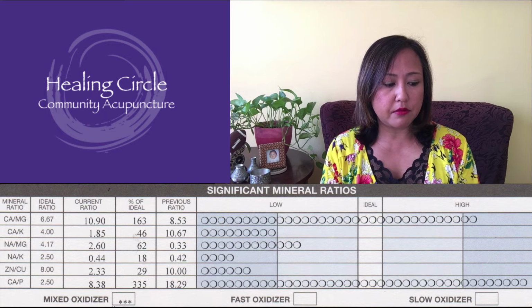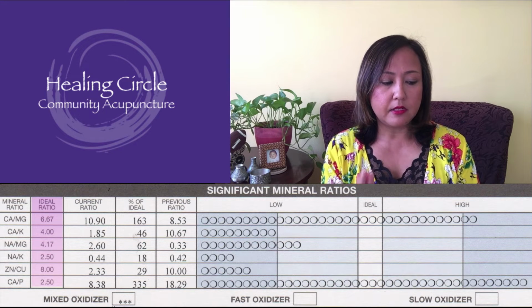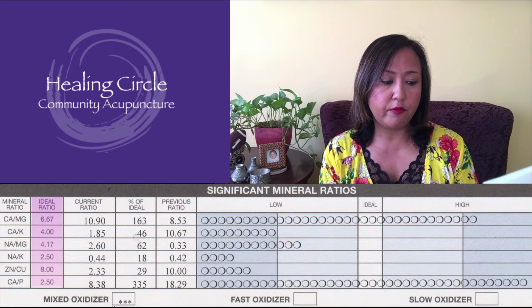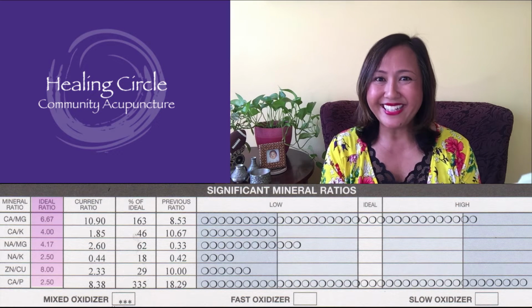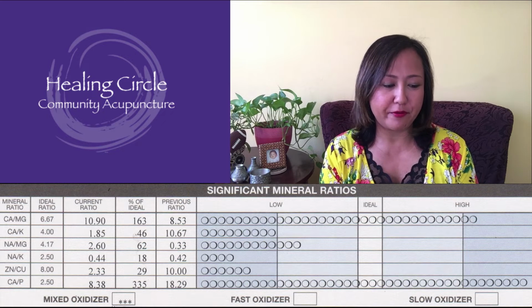So as you look to the right, to the next box that says ideal ratio, it goes from top to bottom, 6.67 for the calcium/magnesium, and then 4.0, and then all the way down to 2.0 for calcium/phosphorus. So this is ideal. And like I said, nobody is 100% ideal everywhere or anywhere whenever we do any type of test.